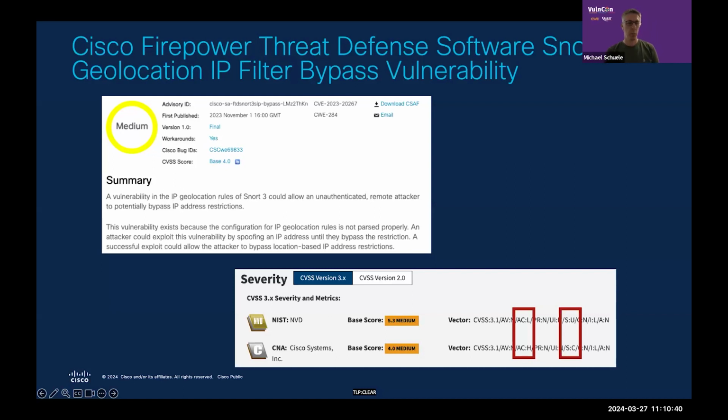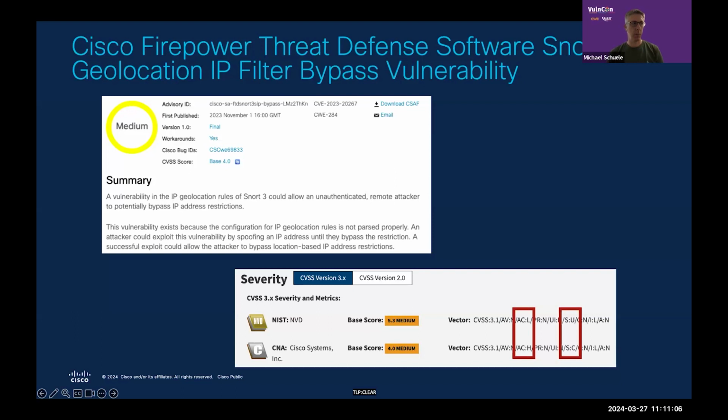The second factor where we didn't agree on the score was scope change. We scored this as, well, there's a scope change involved here. NVD found no reason for that. And also here, when we read through the advisory itself, there's no immediate hint towards the scope change.